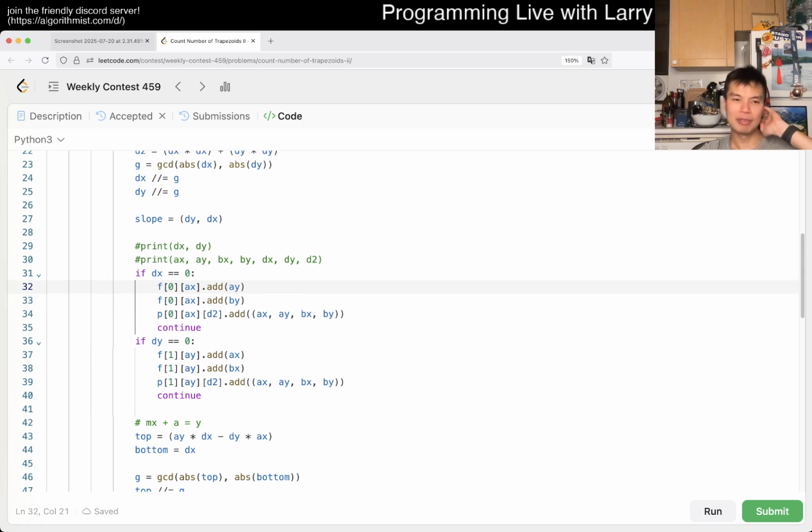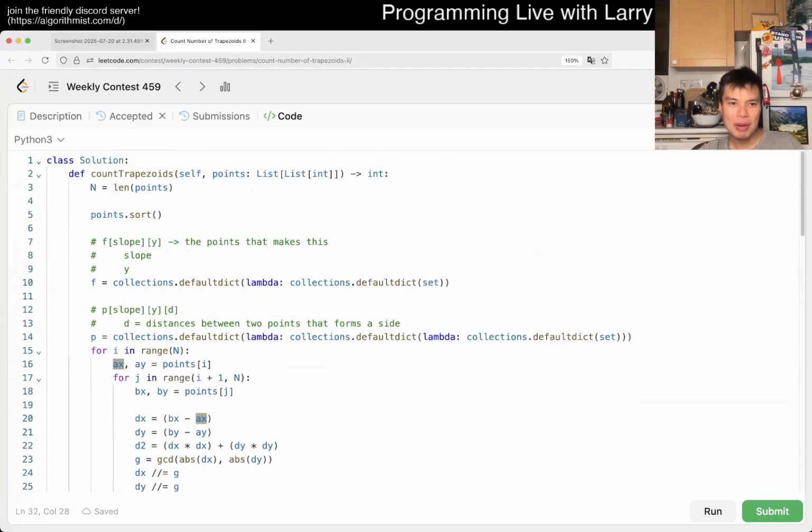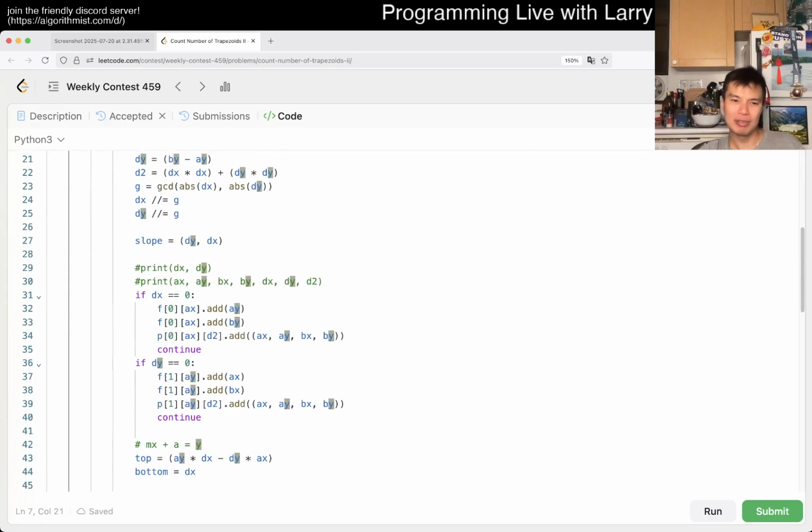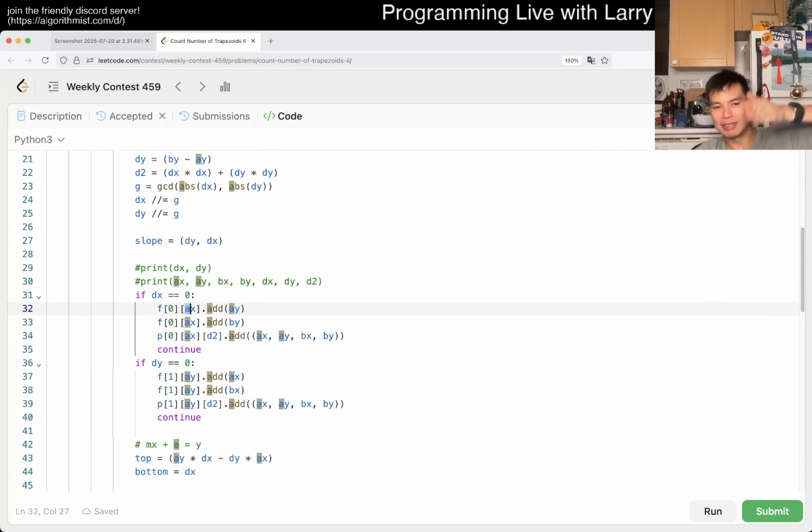And here for that slope, we also choose the y-intercept as the thing that defines a line tied to that slope. So here we just need something that defines that, so that everything on the same horizontal line or vertical line, I think I swapped them already, will hash to the same object.